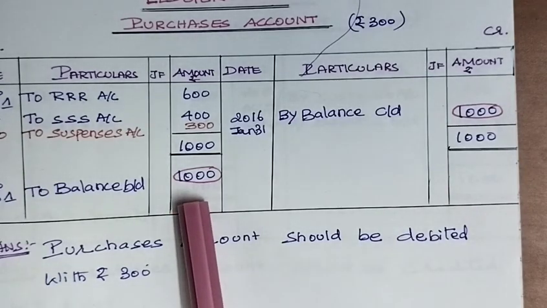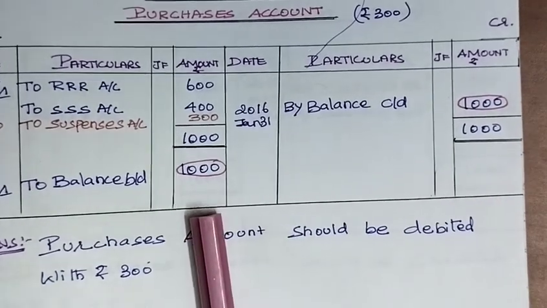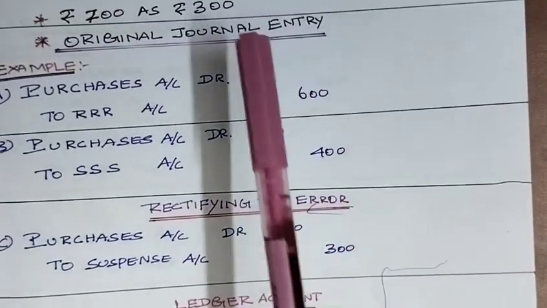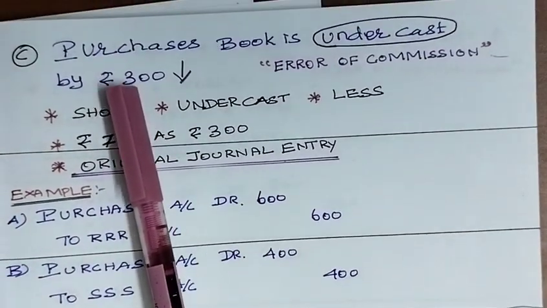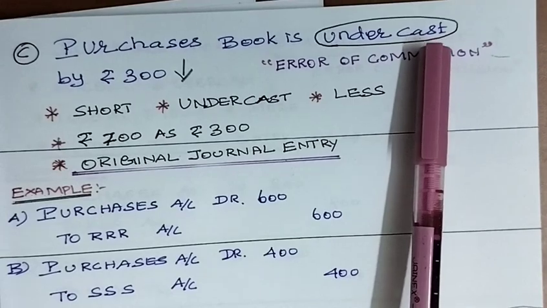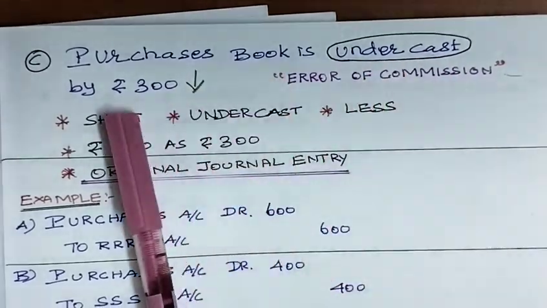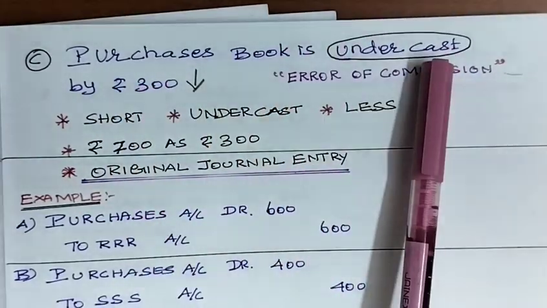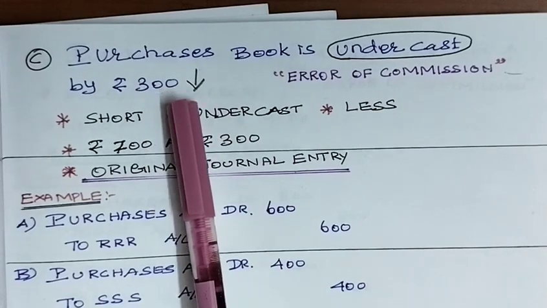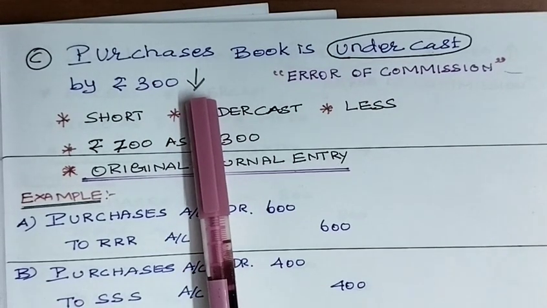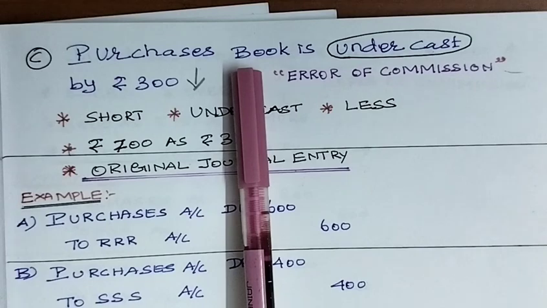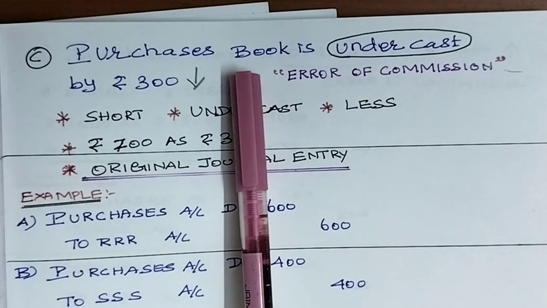Okay, listen, what is the error here? Purchases book is undercast by 300 rupees. Undercast means what? Shortage. 300 rupees shortage in purchases book. So which entry do we follow here?